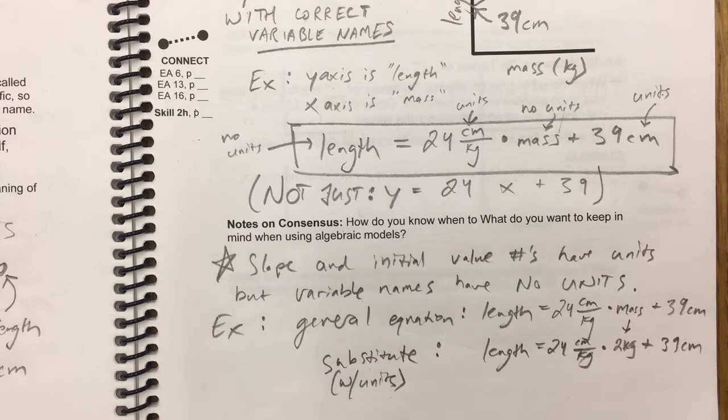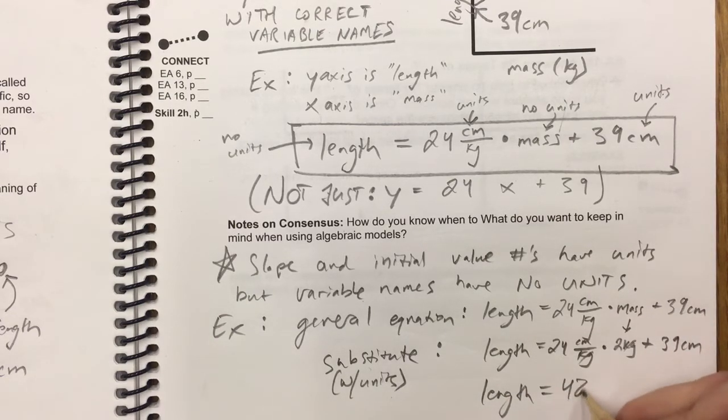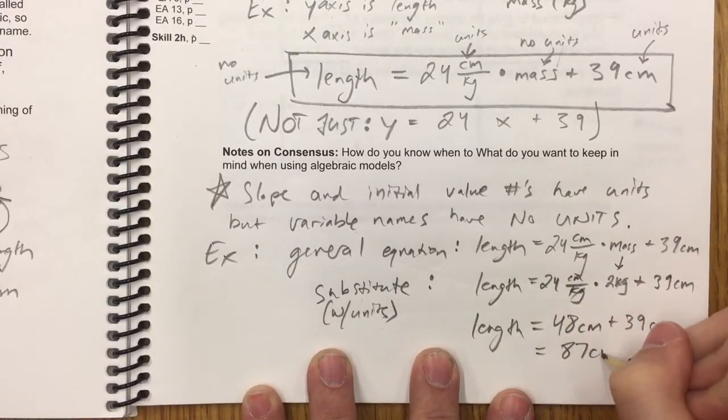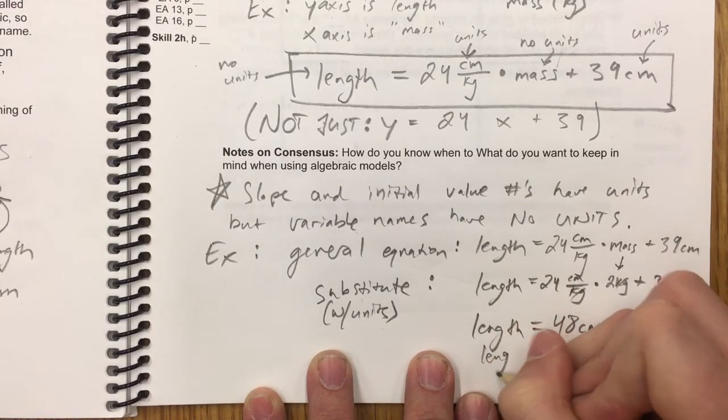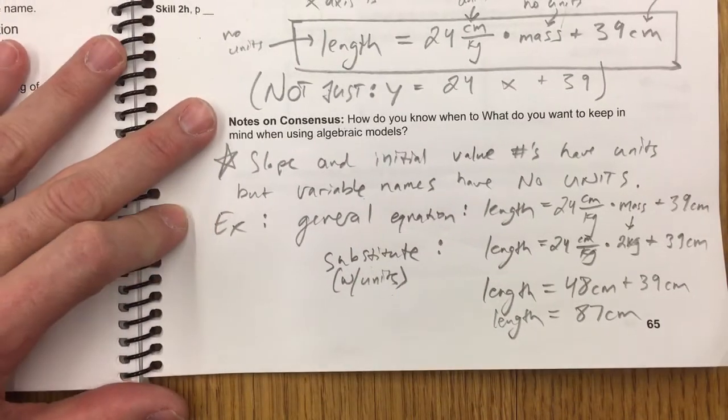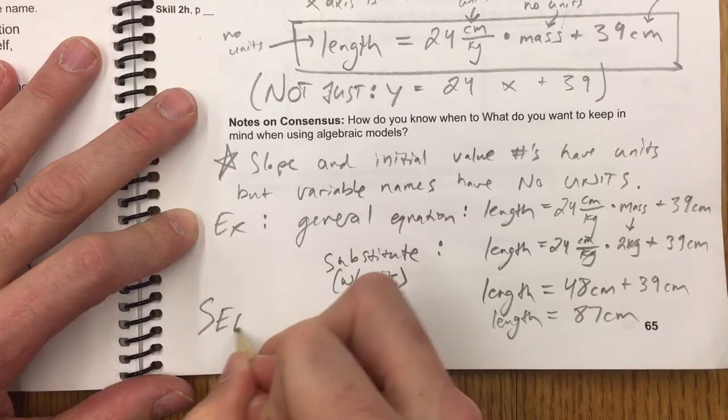My kilograms would cancel out, and I would end up with length equals 48 centimeters plus 39 centimeters equals 87 centimeters.